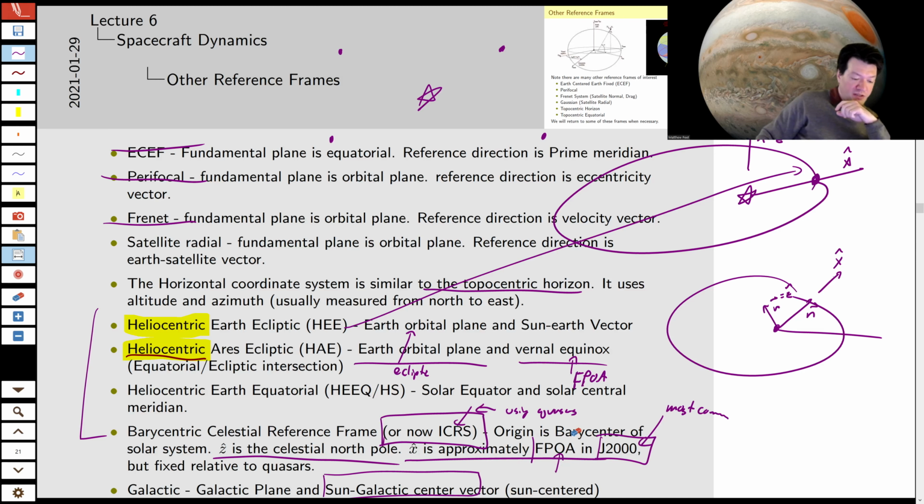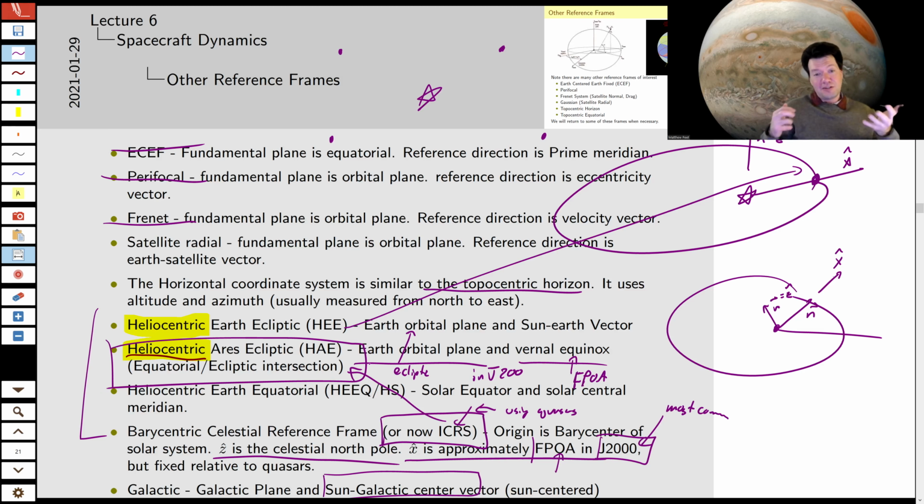Well, not the ECI J2000. It approximates the heliocentric Aries ecliptic coordinate system in J2000. And so it's approximately that one. Anyway, so it's a very complicated relationship. As you can see, orienting yourself in space is non-trivial.